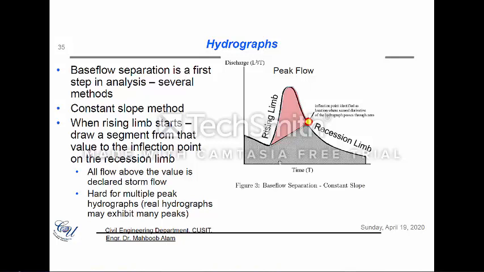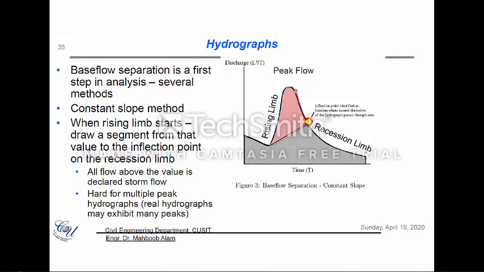Another way of separating the base flow is again starting from the point where the flow is increasing, and instead of going straight to the recession limb, go to the inflection point. Now what is the inflection point? The inflection point is the point on the recession curve where the curve changes its slope.